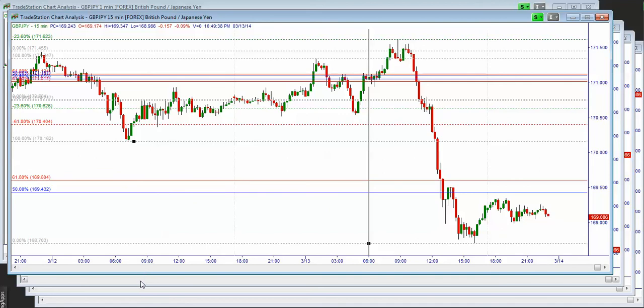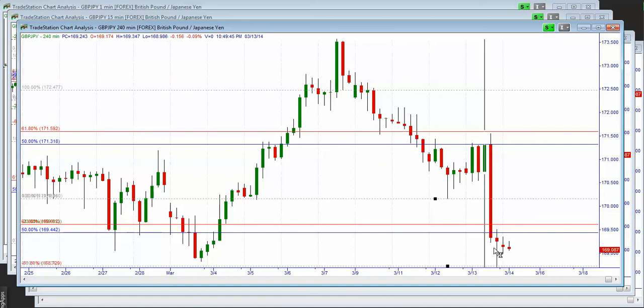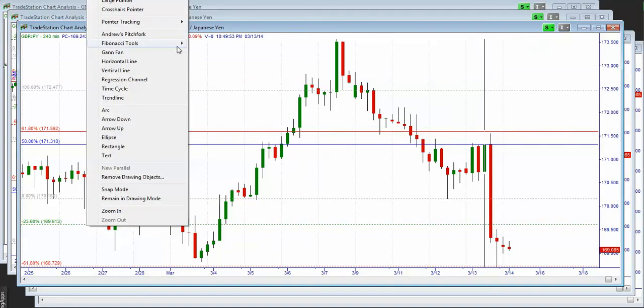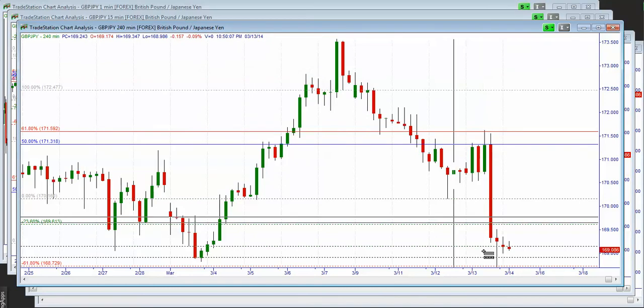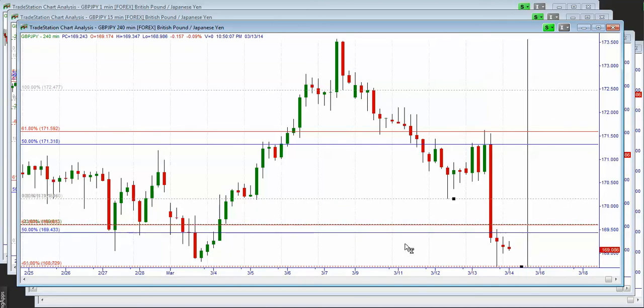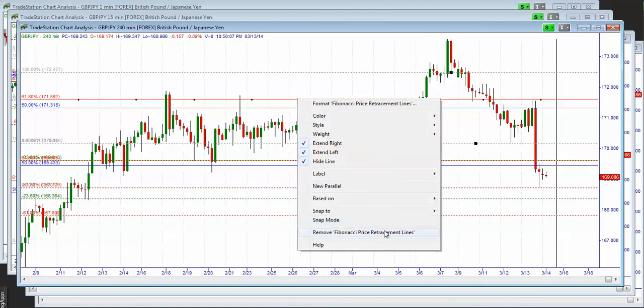The 169.43 found participation here, 43, 44 here when I trace it. Tracing on the 15 minutes gives us of course more precise entries and stops. It's the same trace from the two lows, and as you can see 169.43 has targets below us at this point.